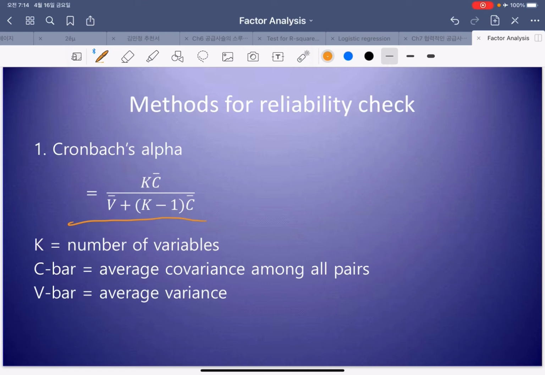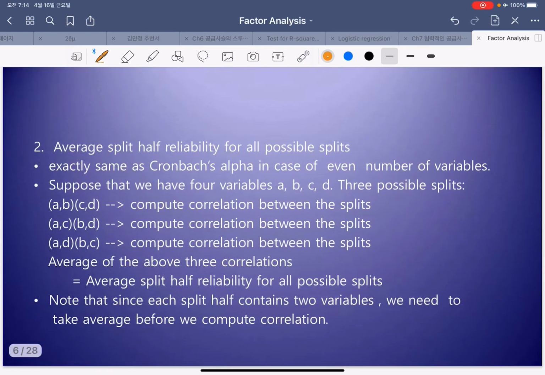Another one is called average split half reliability. Actually, this one is exactly the same as Cronbach's alpha when we have an even number of variables, right? So let's try to understand this one and then try to understand Cronbach's alpha, right?